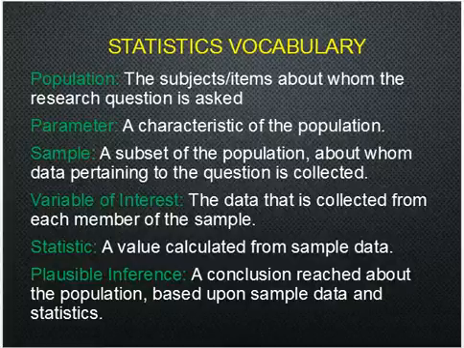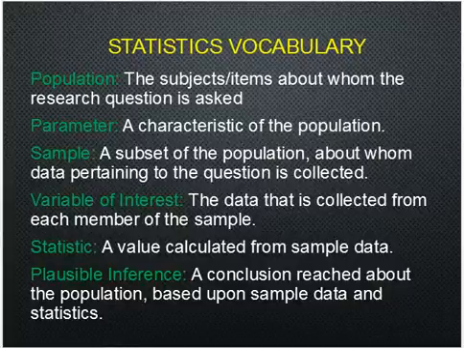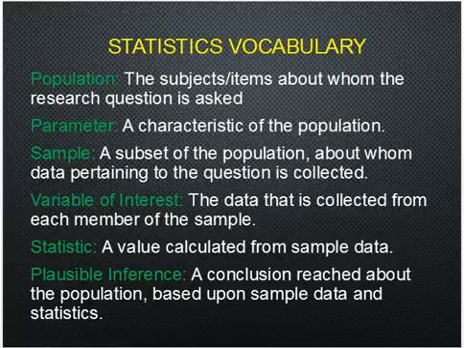A sample is a subset of the population about whom data pertaining to the question is collected. So the sample is again a subset of the population. You collect data from that sample, and that data allows us to answer the questions that are being posed.